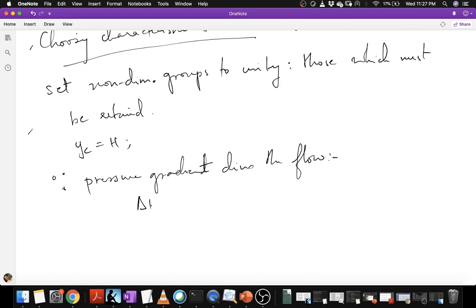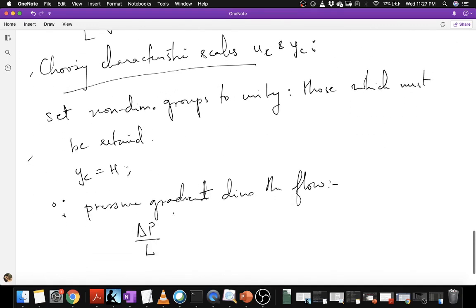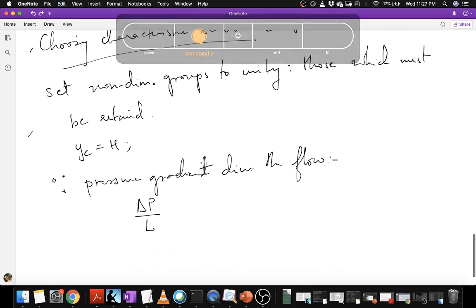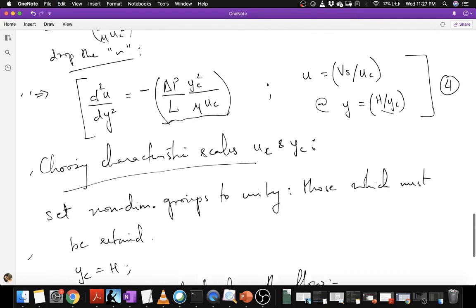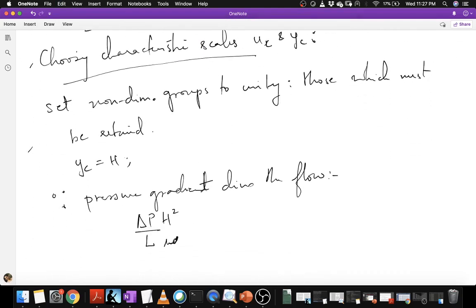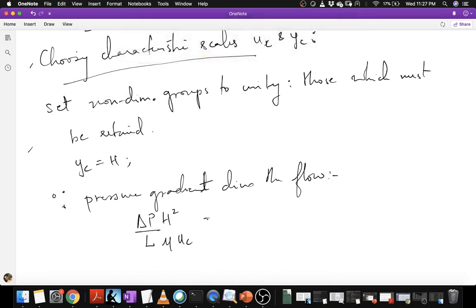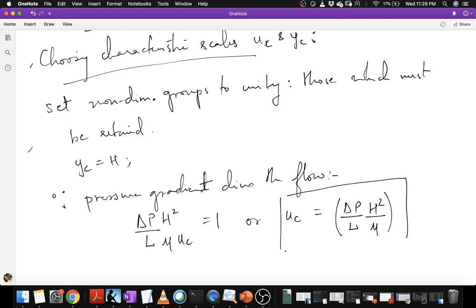So delta P over L times, now y characteristic is already h, so I can replace that, h squared by mu, uc is equal to 1. So u characteristic is now simply delta P over L times h squared by mu. So you see, I found my characteristic velocity scale under the assumption that the pressure gradient drives the flow.